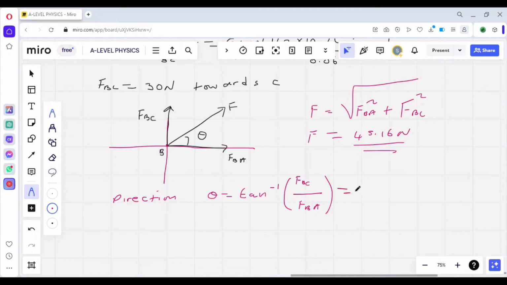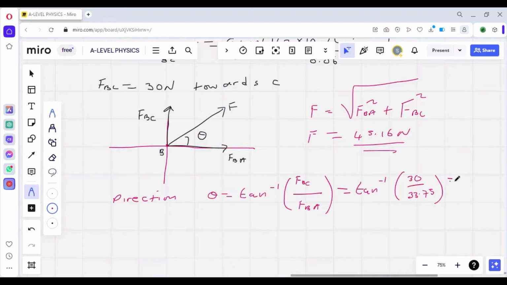So this will be the tan inverse of, now FBC is 30 over FBA is 3.75.